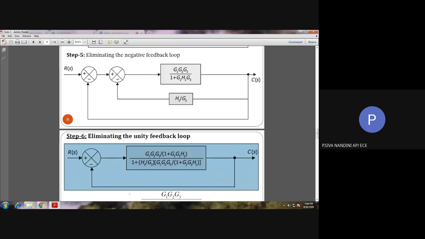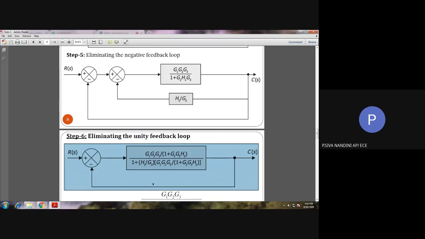See here, in step number 6 we are having a feedback. This is a negative feedback, but see here in the feedback path we don't have any block at all. So we may consider it as 1, because the same C of S, that is the output, is directly fed to the summing point. So we'll be taking the feedback path gain as 1.